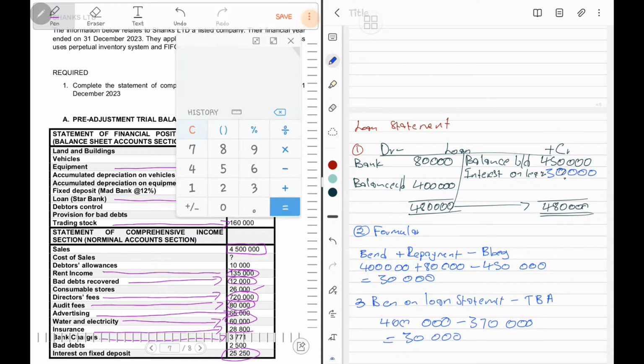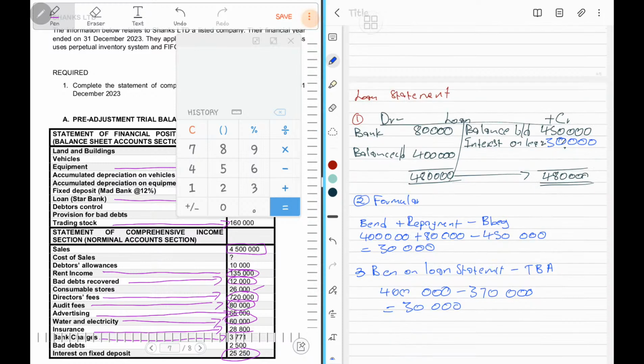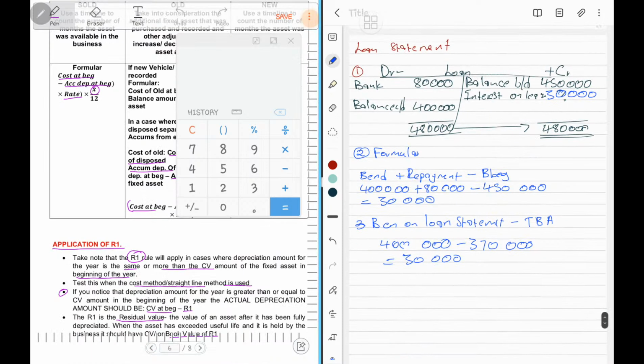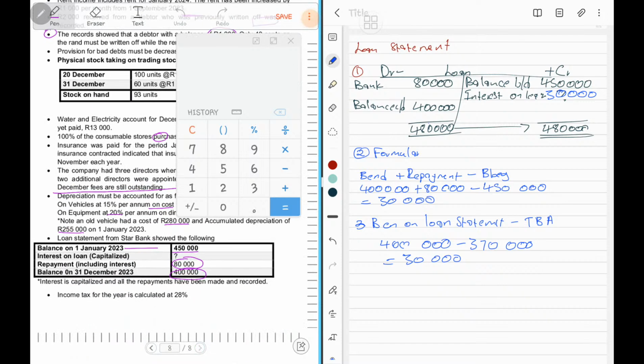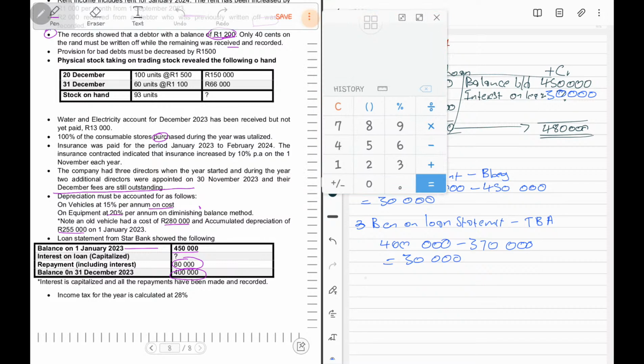Or if you prefer, you can just subtract everything from balance at the beginning. Let me show you another fourth approach. If you prefer the fourth one, you subtract here, so it will be 450,000, subtract 80,000, subtract 400,000.